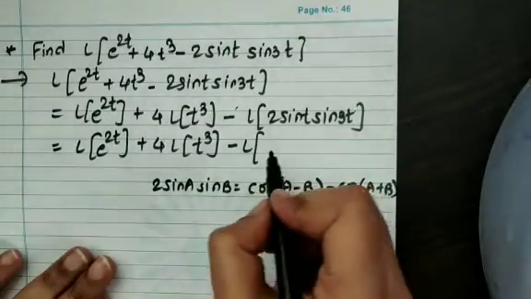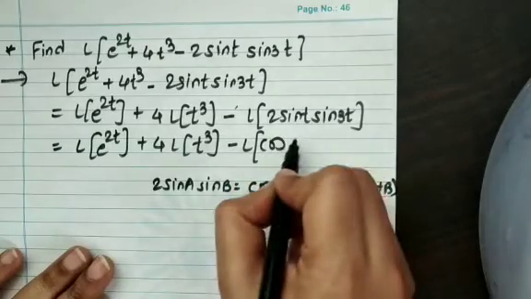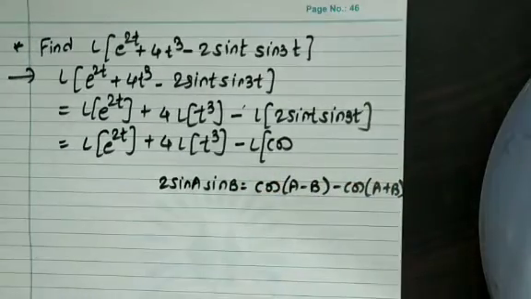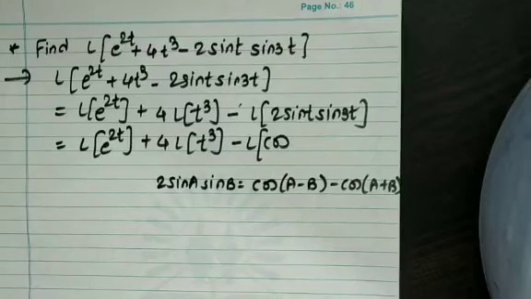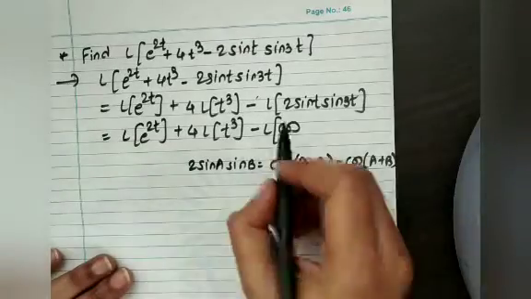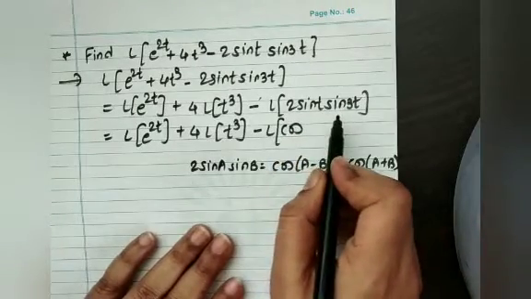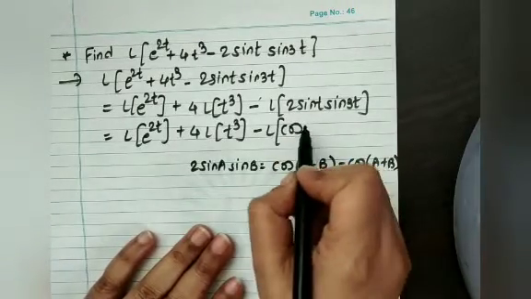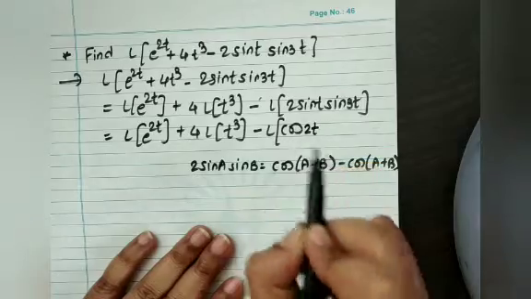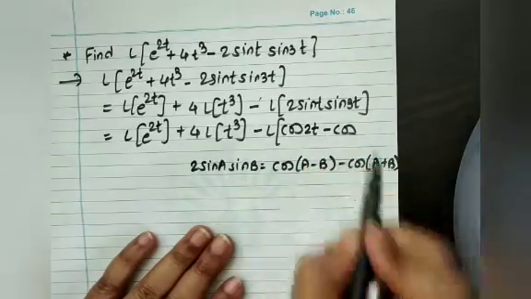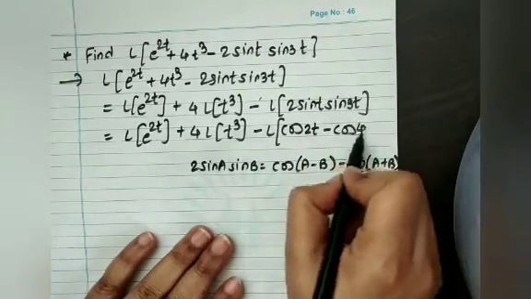So we'll apply it here: cos of (t minus 3t), that is minus 2t, and cos of minus theta is cos theta. So it is cos 2t minus cos of (t plus 3t), that is 4t.